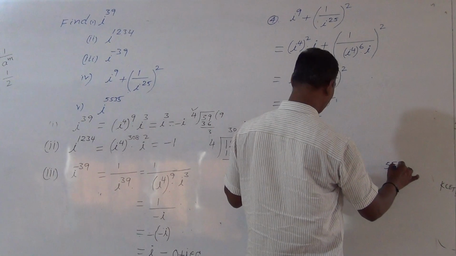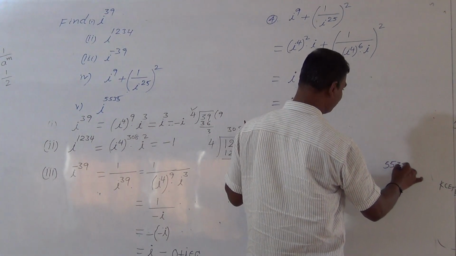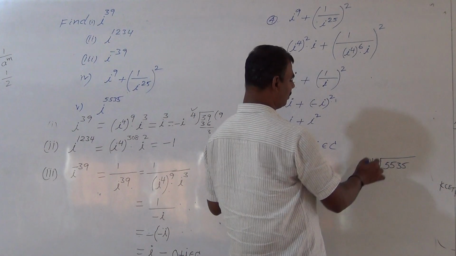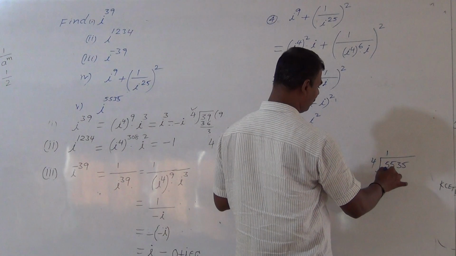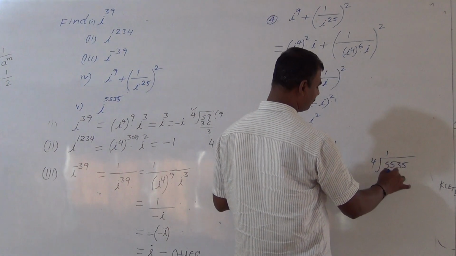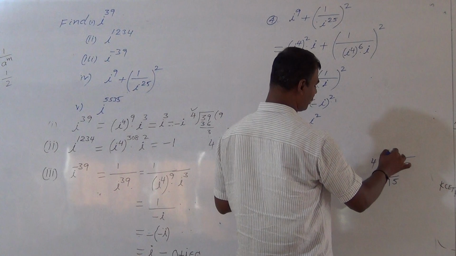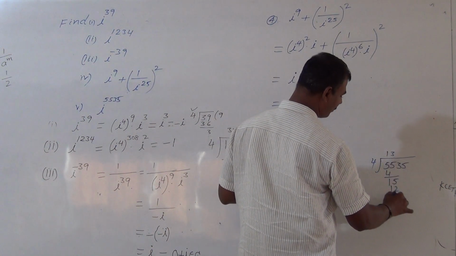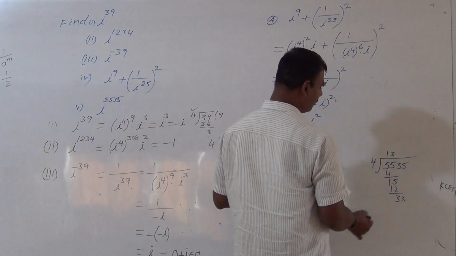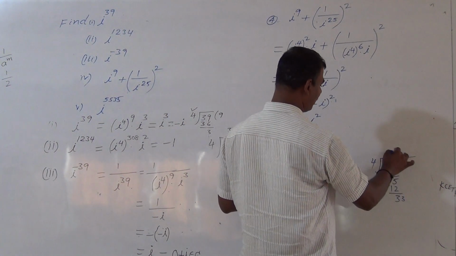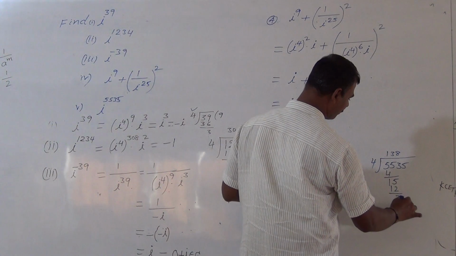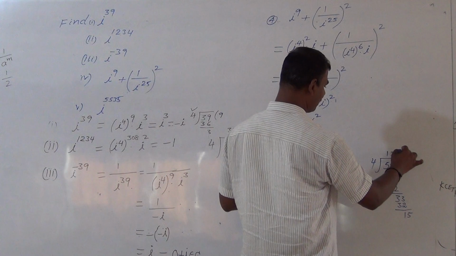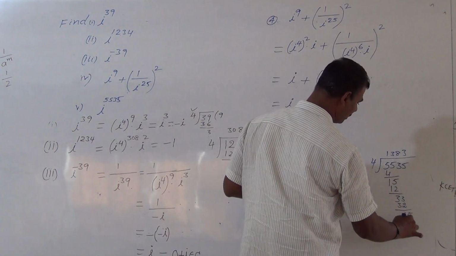Take the dividend 5535. What is the divisor here? Always 4. It goes 1, 4 1s are 4, 1 carry, 5, 4 3s are 12. So again 3 carry, 3 taking here, 4 8s are 32. So 1 carry, 5, 4 3s are 12, here 3 carry.